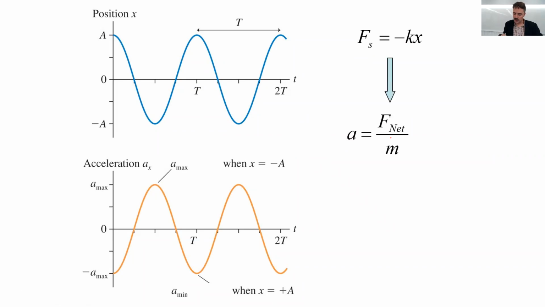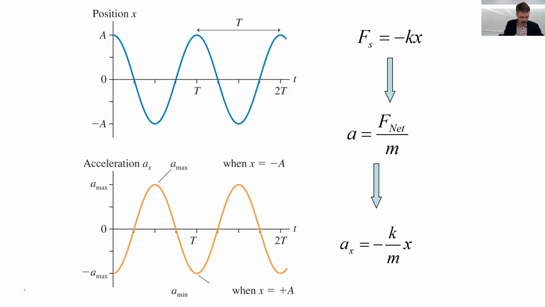The acceleration is the net force divided by the mass. So the acceleration in the x direction is negative k over m, times x. So there's this maximum acceleration, minimum acceleration. Sorry, a is the flipped version of x, just like this equation shows.